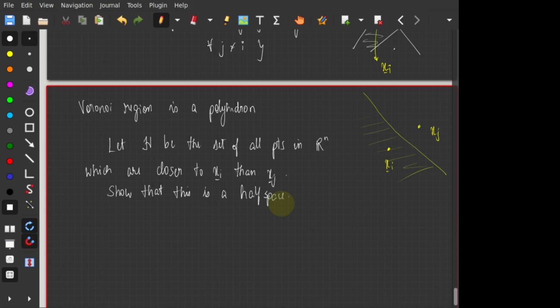That's fine, but then you assume that this is a hyperplane. You basically found the hyperplane which passes through the midpoint of the line joining xi and xj. Just think a little, it's not too hard.